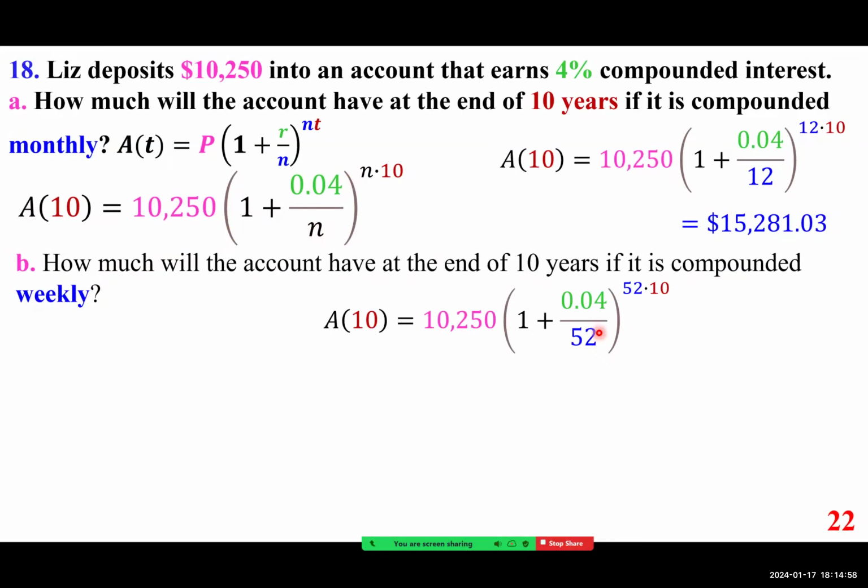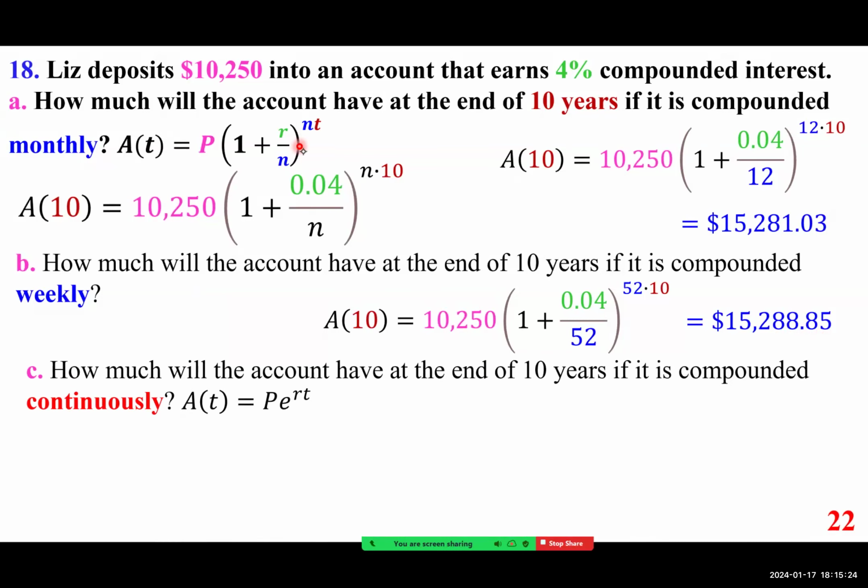You divide 0.04 by 52 plus 1 to the power of 520, which is 52 times 10, and it gives you a little bit more, $15,288.85. So as we add to n, as n becomes larger, the amount gets larger, because it takes weekly compounding now.